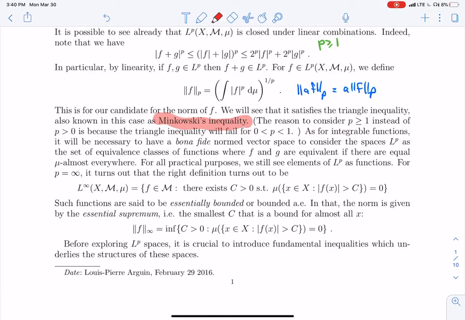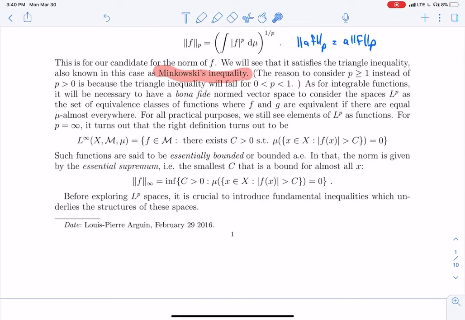This triangle inequality, the Minkowski inequality, we'll prove using Hölder's inequality, which is a bit of a generalization of the Cauchy-Schwarz inequality. Great. Okay, so what about p equals infinity? This is an important case. Here you essentially take the sup norm. But since we're working with measures, it's a bit more subtle than that. We're talking about functions that are not bounded, but that are essentially bounded.